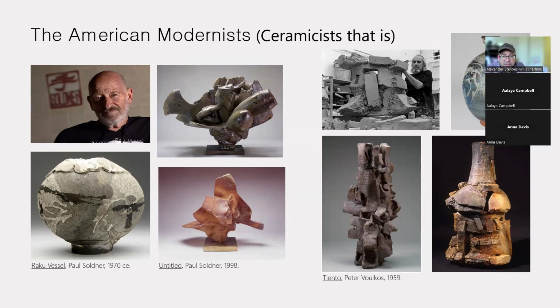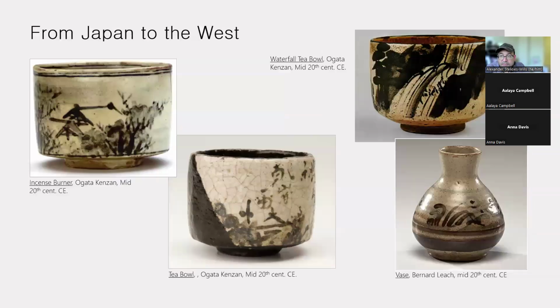And that activity of bringing the Japanese tradition to England and to North America, and then later to other parts of Europe, led to the 20th century tradition of ceramics becoming more of an art form rather than just a utilitarian industrial product.